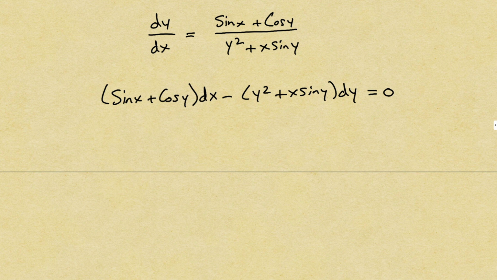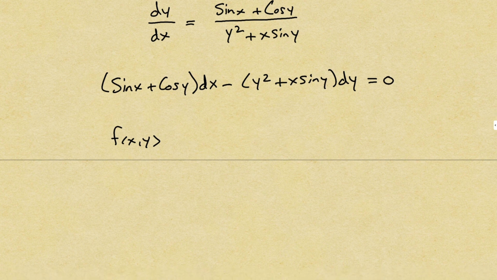So if we go back in our minds to something like Calc 1, and remember that if we had some function, for instance, of x and y, we could write a total differential out to be something of the form df/dx times dx plus df/dy dy.